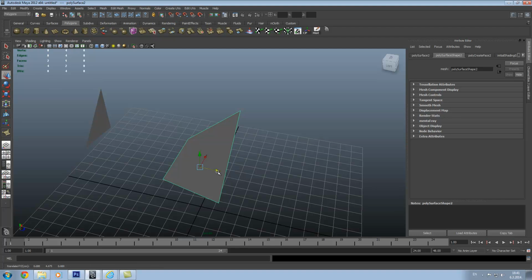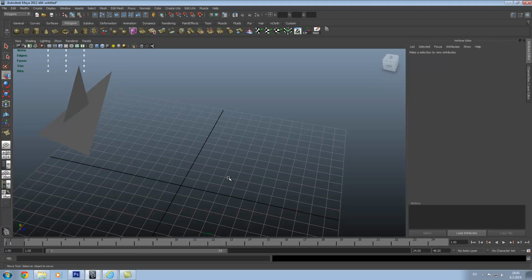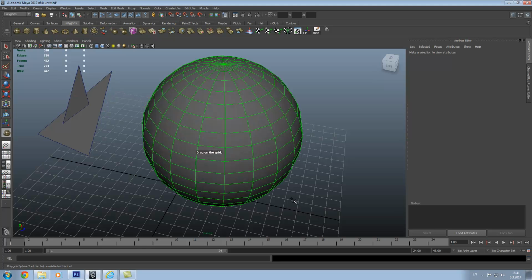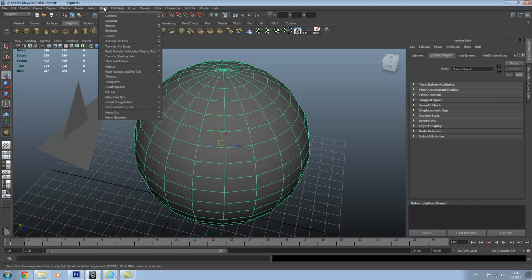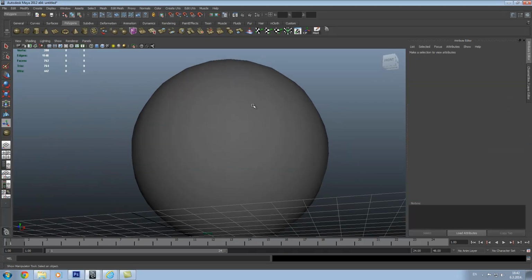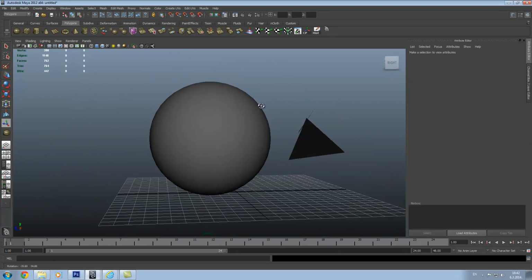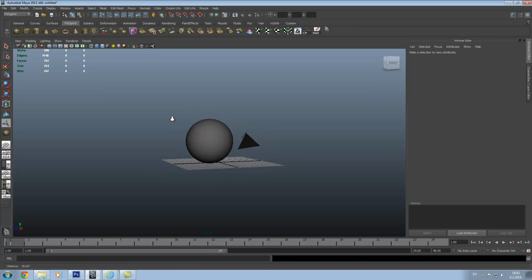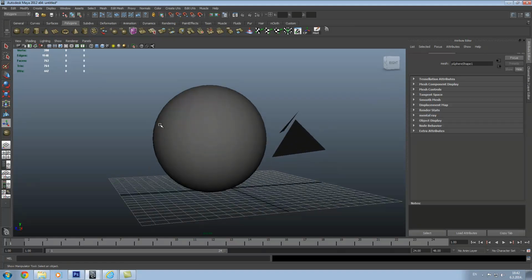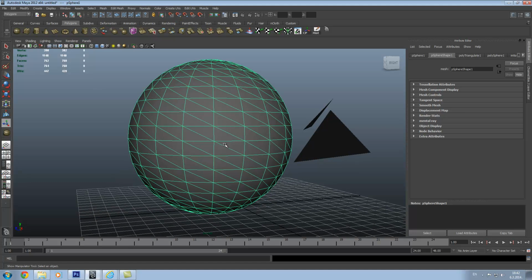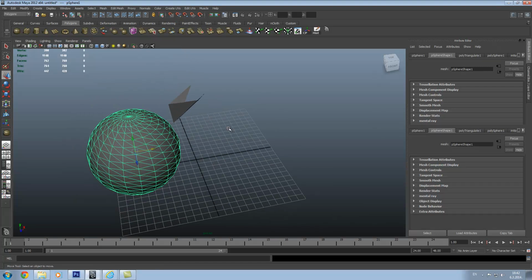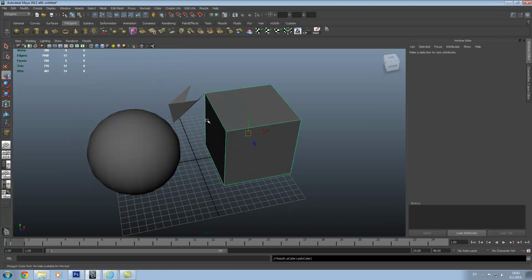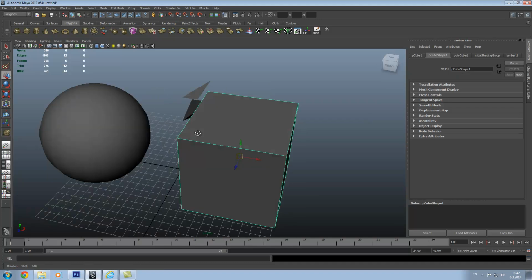Even if I bring up a sphere, and say triangulate, here's the sphere. It is circular, right? It's actually spherical. However, it's broken up into many triangles. Any 3D object could be approximated or represented with triangles.